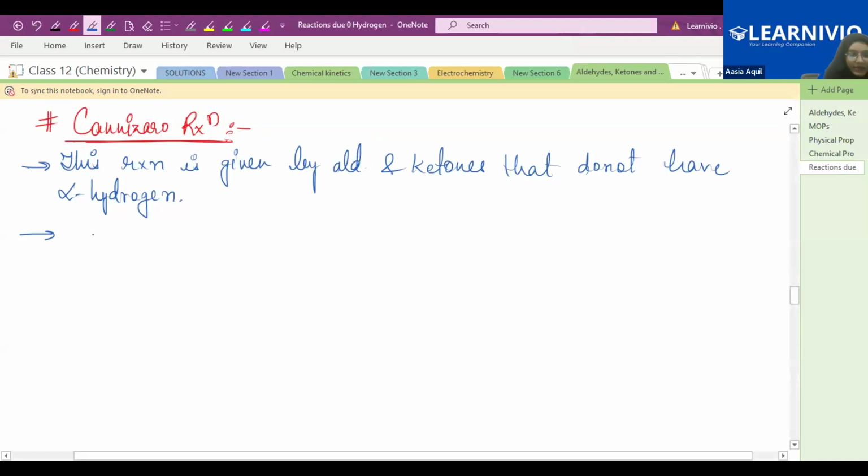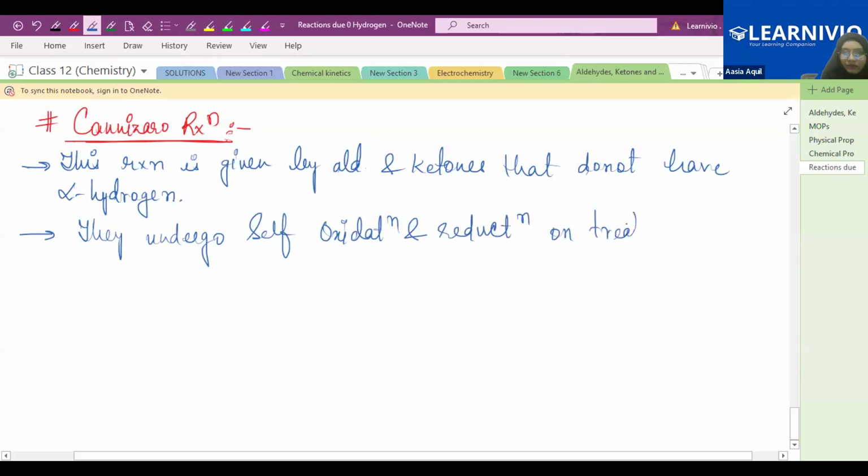Now you can also write here: aldehydes and ketones that do not have alpha hydrogen undergo self-oxidation and reduction on treatment with concentrated alkali.